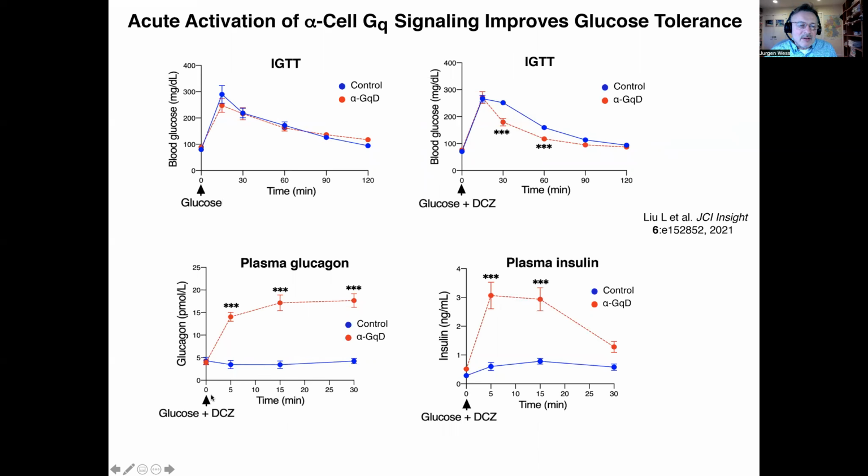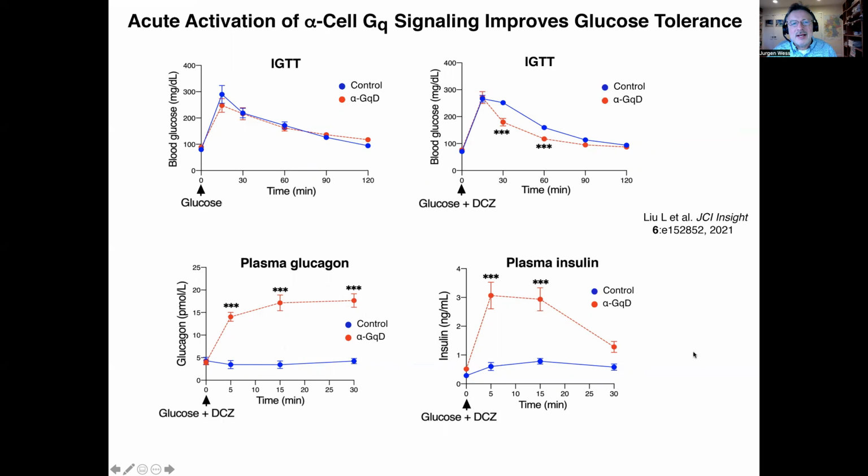We found that plasma glucagon as well as plasma insulin levels were drastically increased in the DREADD mice after treatment with glucose and the DREADD agonist. And we observed similar results when we carried out studies with perifused isolated islets prepared from control and mutant animals.